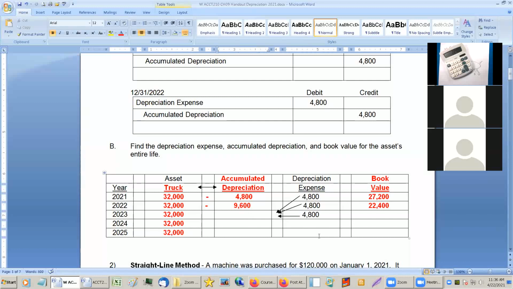So that's 14,400. 32,000 minus 14,400 is some number.